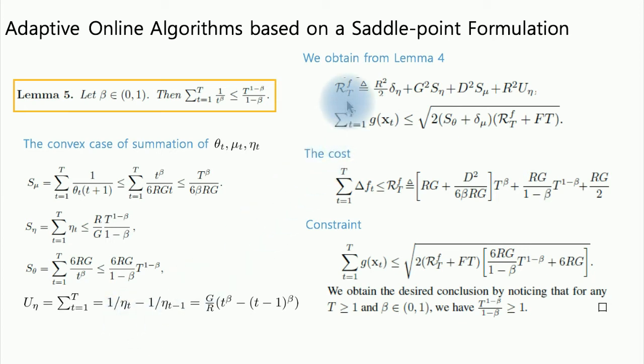As a result, we can obtain lemma 4 for both the cost and constraint. We obtain the desired conclusion by noticing that for any t greater than or equal to 1 and beta in either 0 or 1, we have t to the 1 minus beta over 1 minus beta upper bounded by 1.